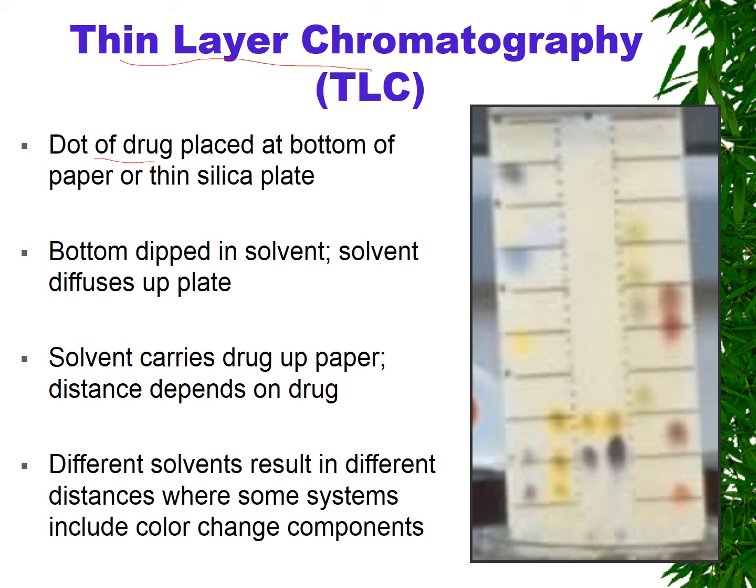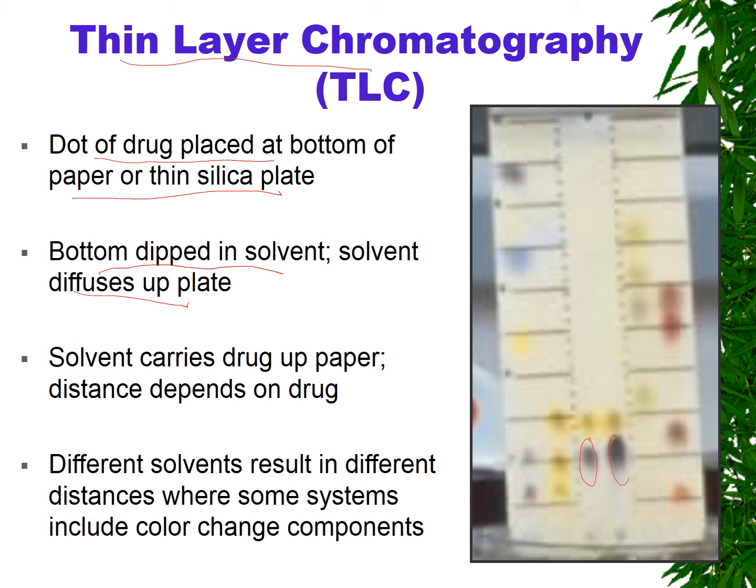So the dot of drug is placed at the bottom of the paper or thin silica plate, and then the bottom is dipped in solvent, and the solvent will diffuse up the plate. So mula dia letak dulu the dot of drug tu dekat bottom paper tu, and then dia akan dipkan dengan solvent. So that solvent akan diffuse, jadikan dia macam ni.